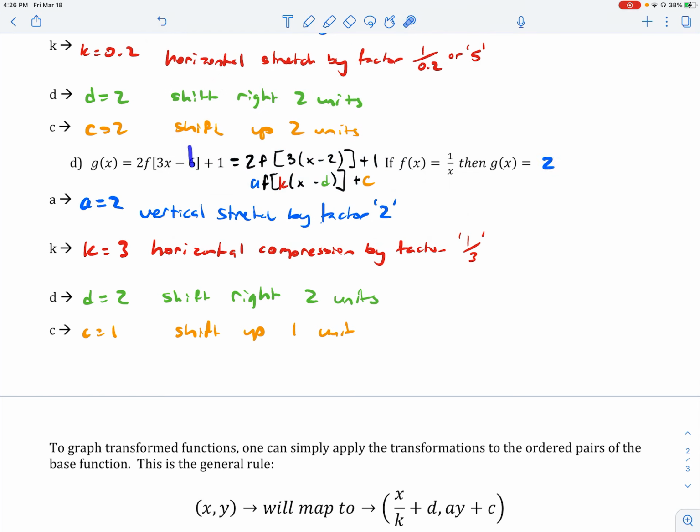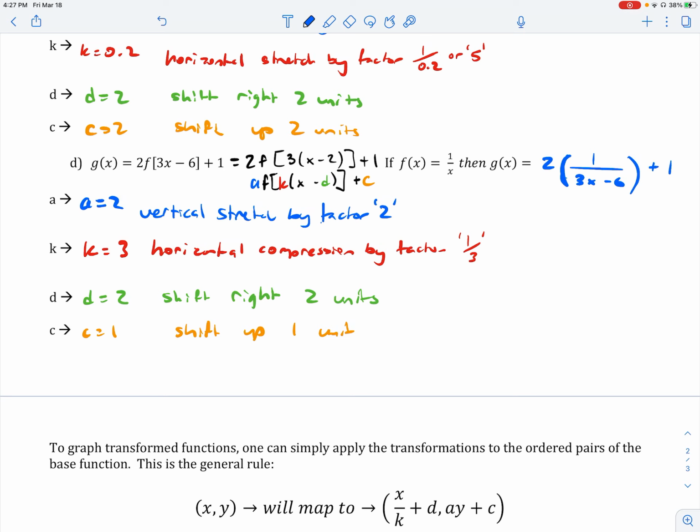And then this whole square bracket, this whole block needs to go in for x. Notice x is on the bottom. So I'll show that substitution here. I can either write 3x minus 6, or I can write this block here, 3x minus 2, in factored form. So I'm just going to leave it in this form for now. So 3x minus 6. Okay, close up the brackets. And then we have to have a plus 1 at the end, so then I'll have plus 1.